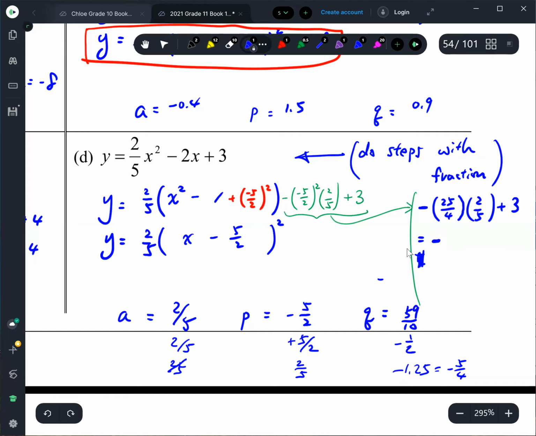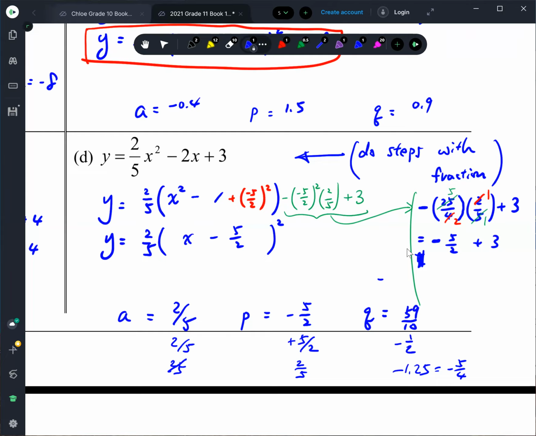It won't go away. Before you multiply, you should reduce. 5 and 25, reduce that. 2 and the 4, you can reduce, right? To make the number smaller. So you should end up with 5/2. Plus 3.